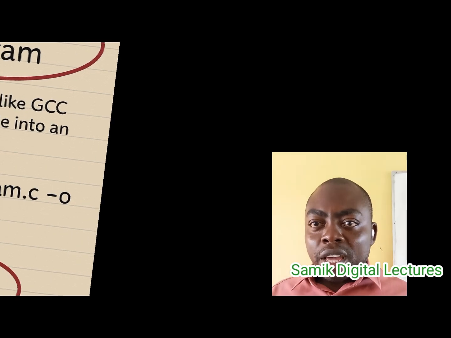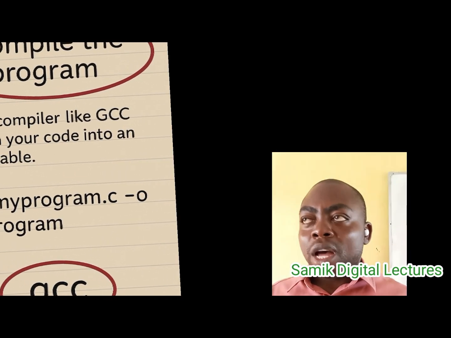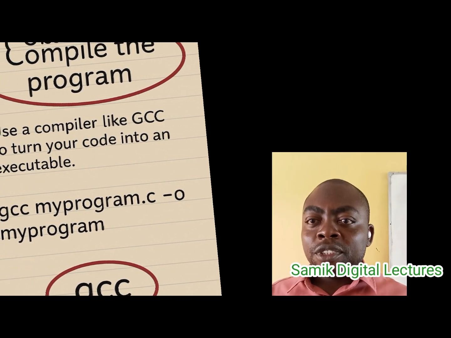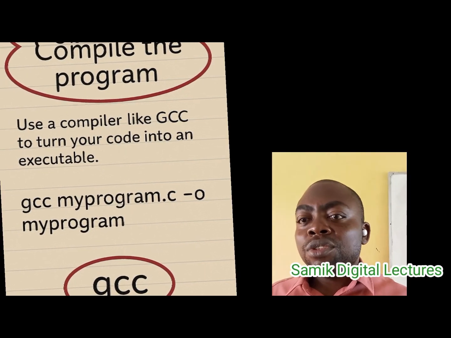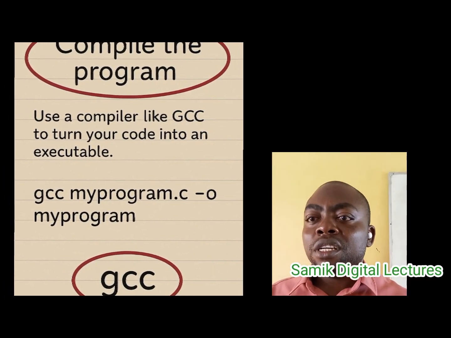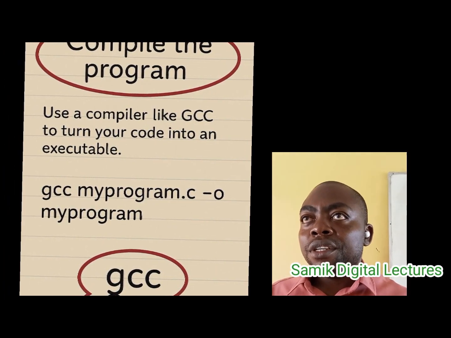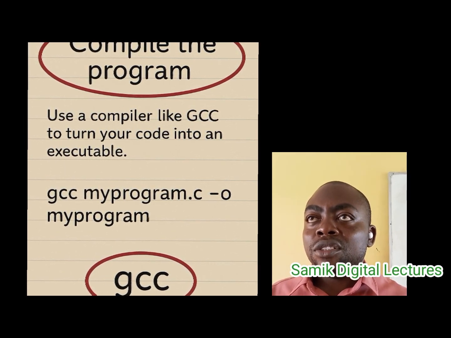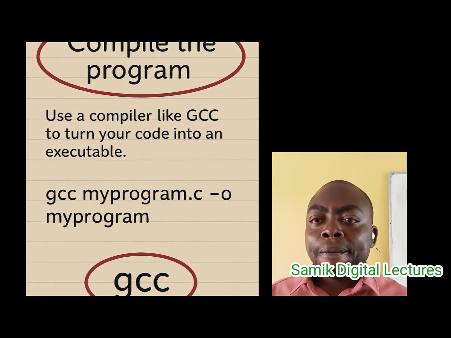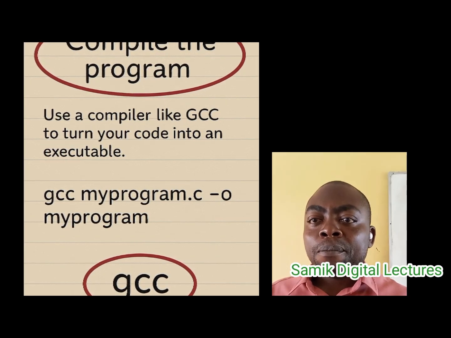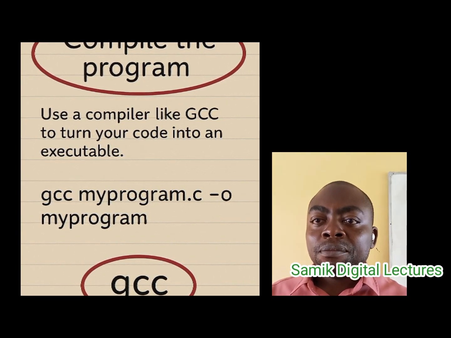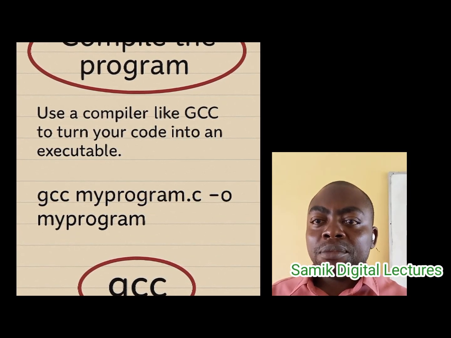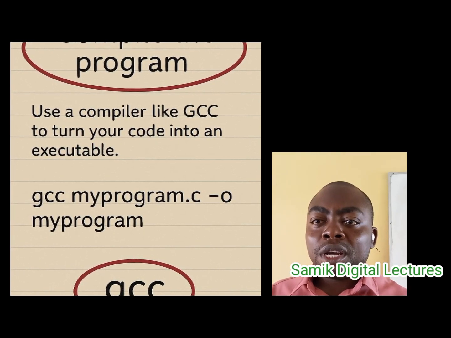All right. The next, which is number 3, you have to compile your code. This converts the code into machine language using a C compiler like GCC. Example, in the terminal you have gcc program.c.